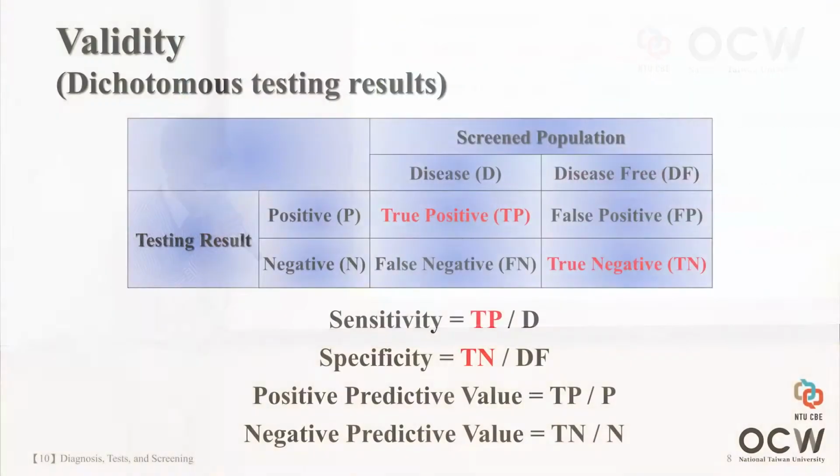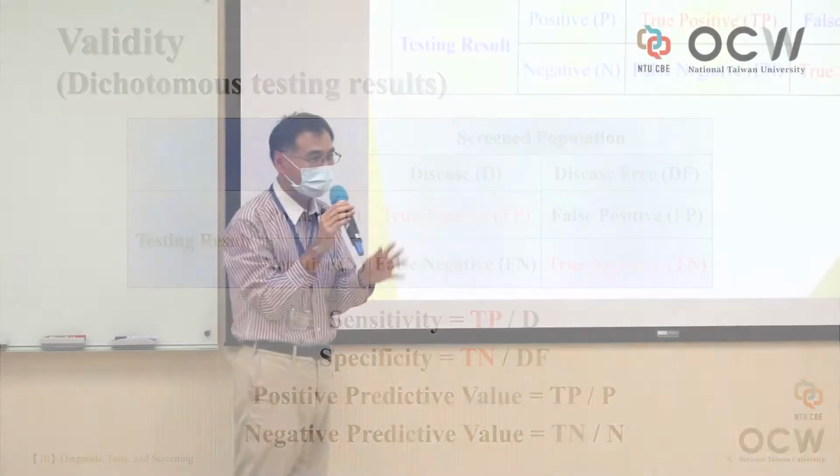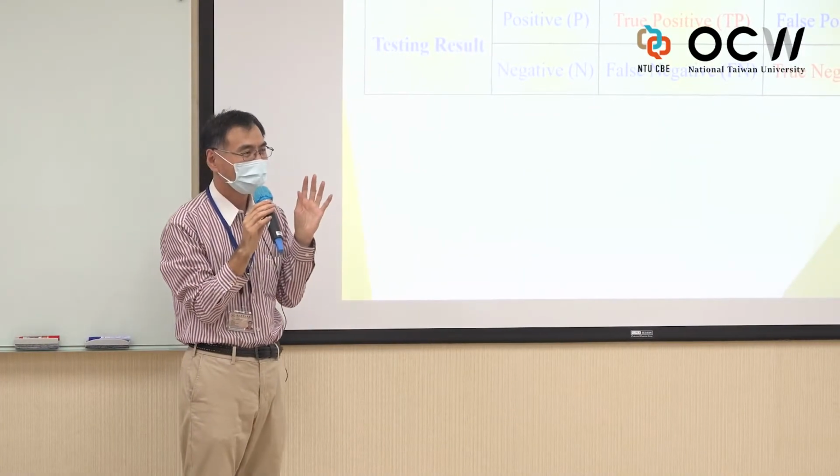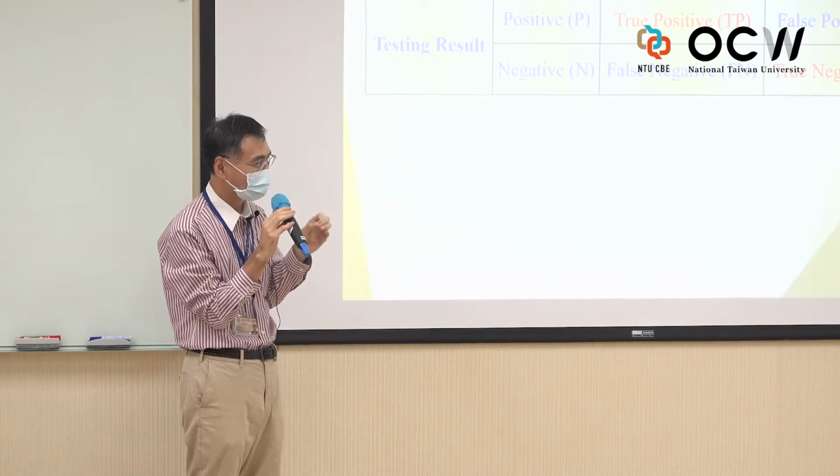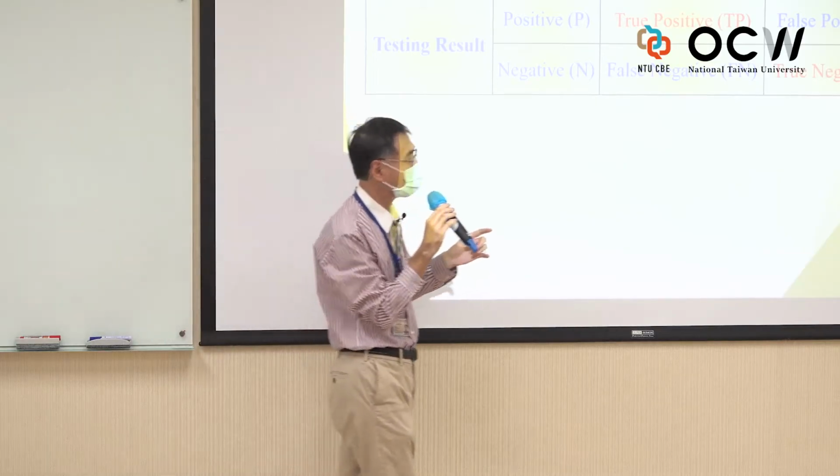That's terrible. Here's the definition of how we consider the whole thing about validity with several indicators. But first of all, it's a typical 2x2 table again. Let's assume that we have a clear idea. We have very, very precise information about disease status, like this.